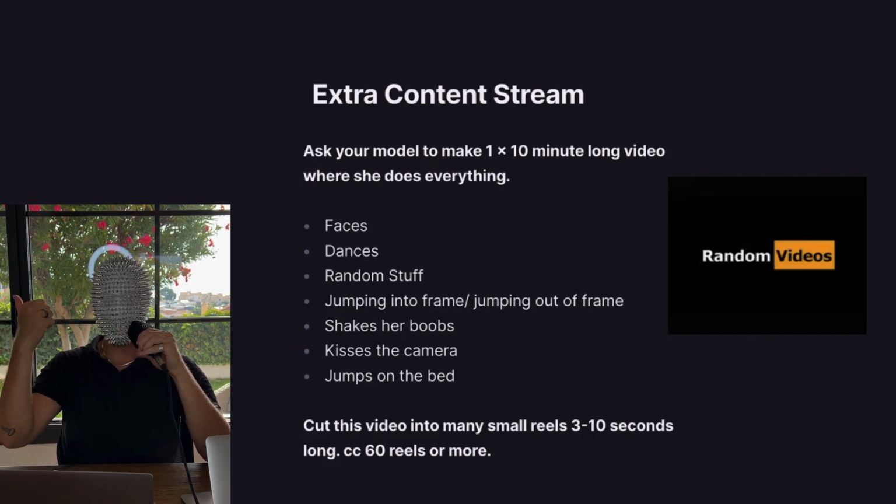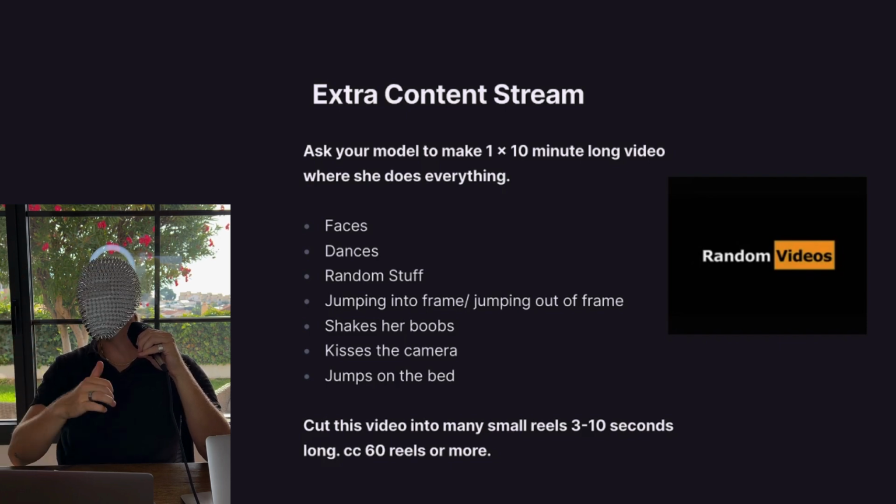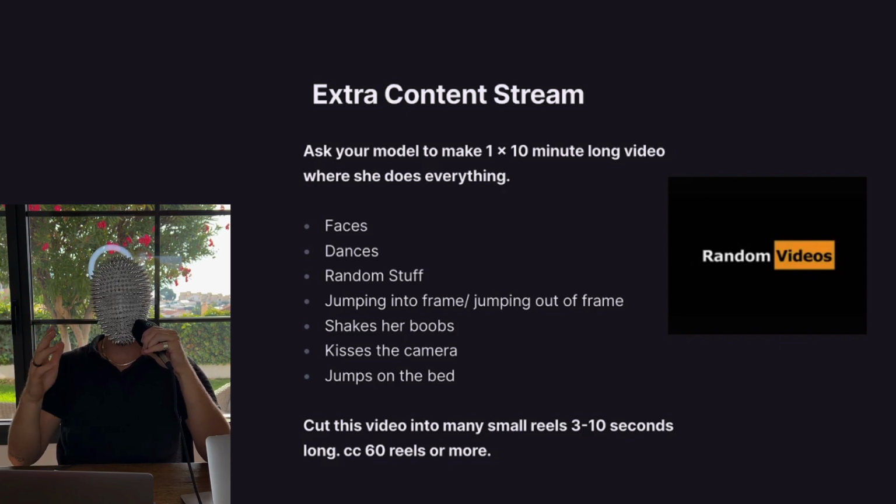Now that means she's doing faces, she's doing dances, random stuff, jumping into frame, jumping out of frame, shaking her boobs, kissing the camera, jumping on the bed, yoga positions, just a whole list of randomized stuff in one long 10-minute video where she sets her ring light and her phone up and she just goes wild for those 10 minutes.